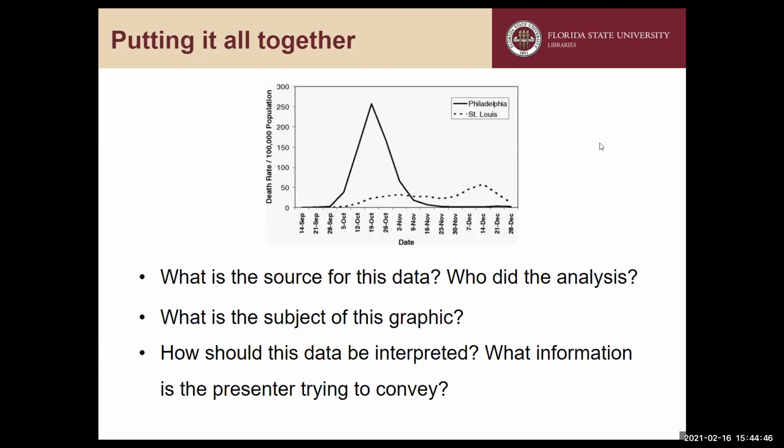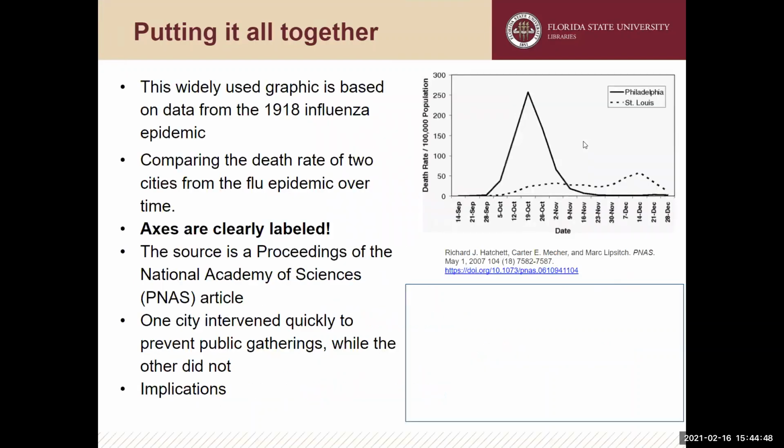If we go to the next slide, we'll sort of answer this. I should have had these all come in at different times, but we'll go with it. So who did this analysis? This graphic is actually from a research article in the Proceedings of the National Academy of Sciences, published in 2007.